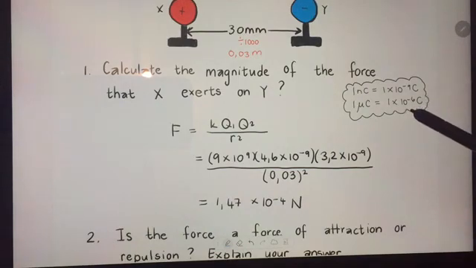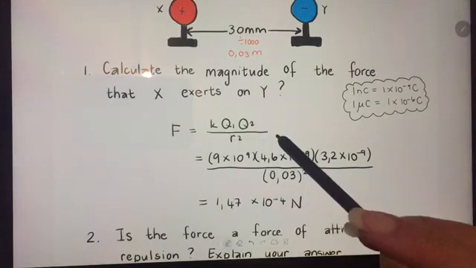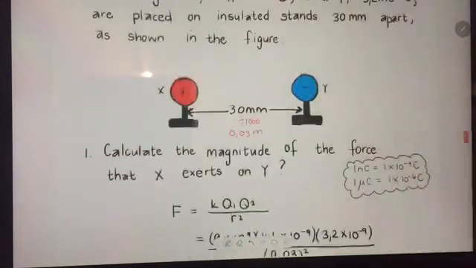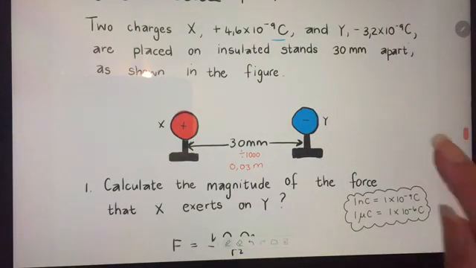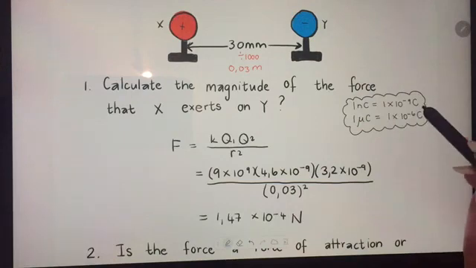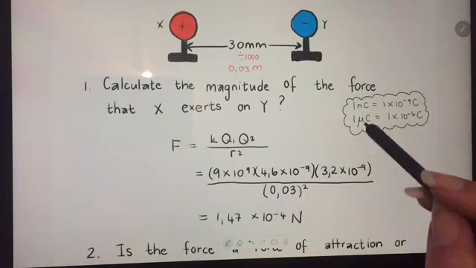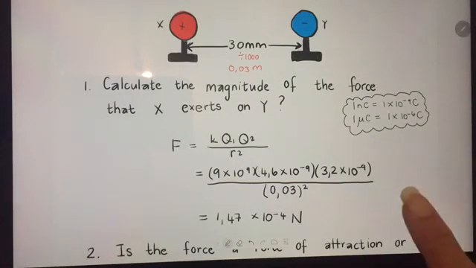Over here, I just want to remind you that charge must be in Coulomb. So it wasn't a problem because it was given as Coulomb already. But if it's given as nanocoulomb, we have to convert to Coulomb, or if it's given as microcoulomb, we have to convert to Coulomb, and that is how we do it over there.